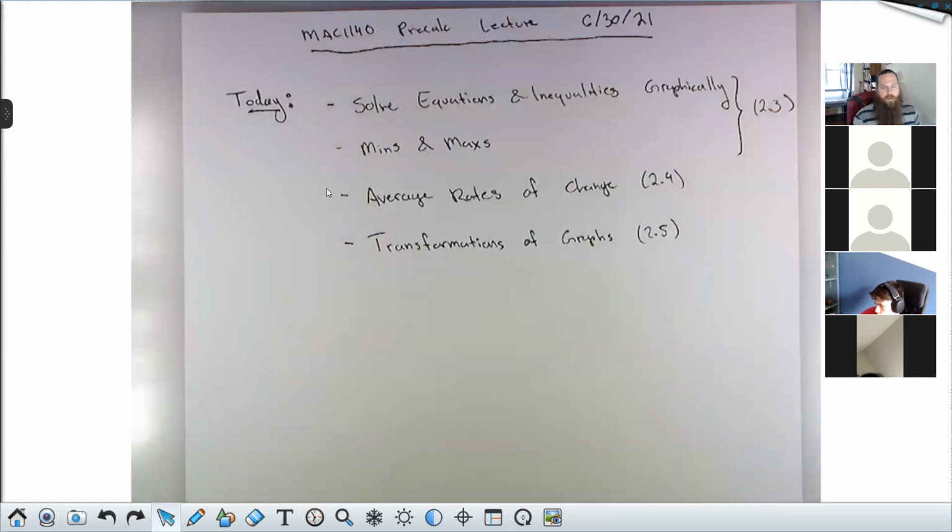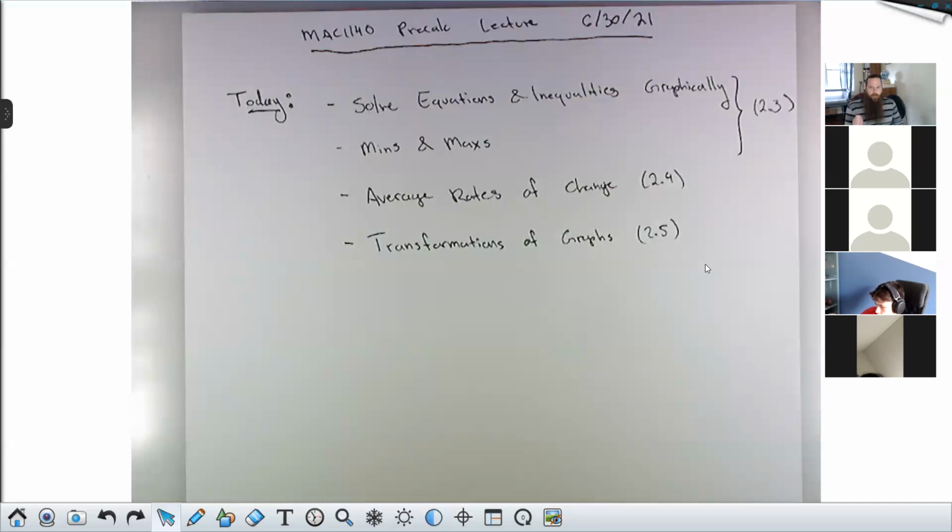Just to be clear, everything in this class is important, but transformations of graphs is one of the more important things we're going to touch on this week, because it's the way you get graphs of more complicated functions from graphs of simpler functions. So down the road, like I mentioned yesterday in Calc 1, the best predictor of success is your ability to graph functions.